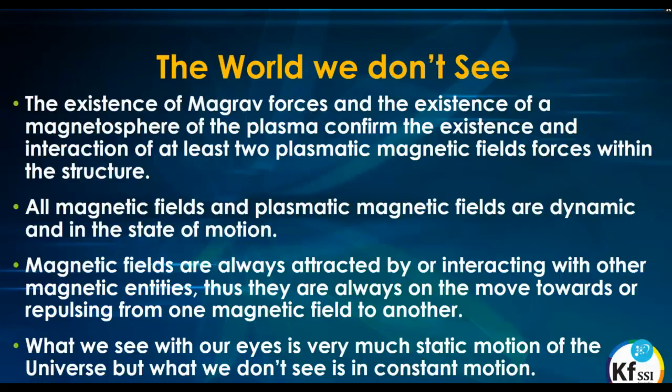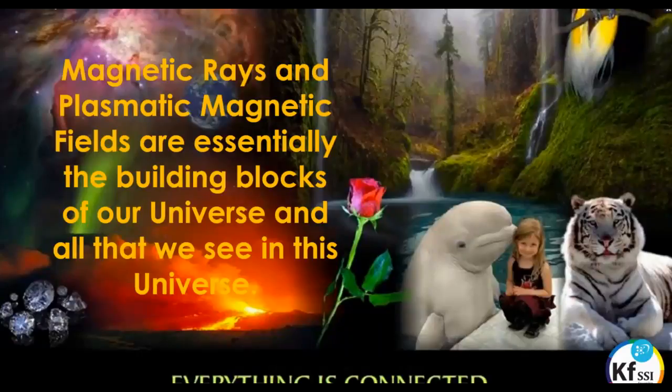In other words, what we see as the plants and animals around us, we would consider that static motion. But what we don't see beyond that is in constant motion and interaction. So essentially, our magnetic rays and the collection of magnetic rays are the building blocks of our universe and all that we see.